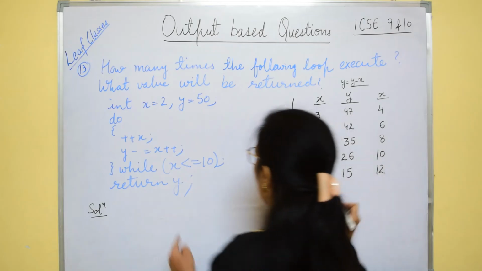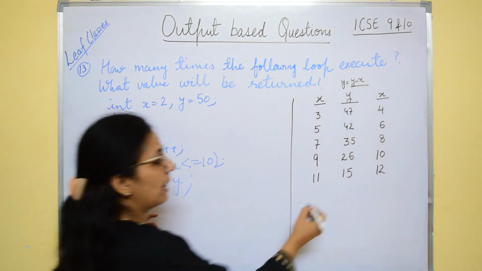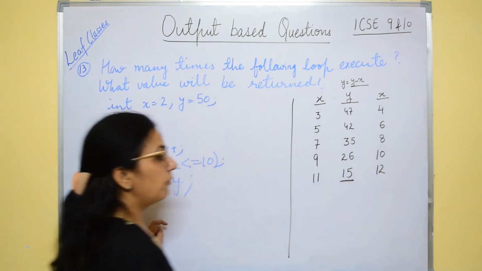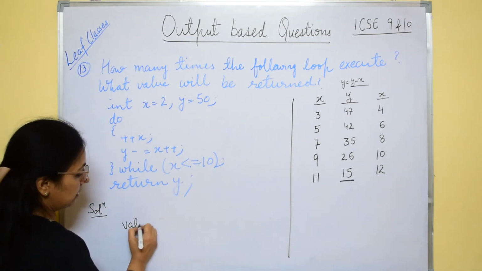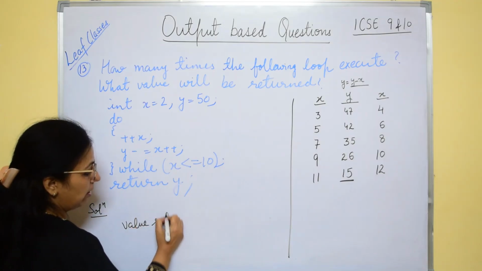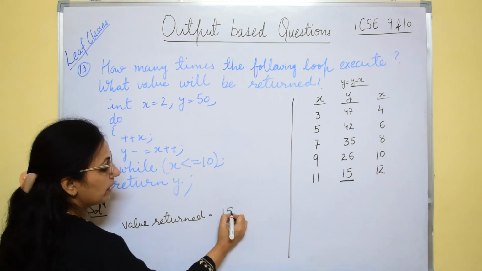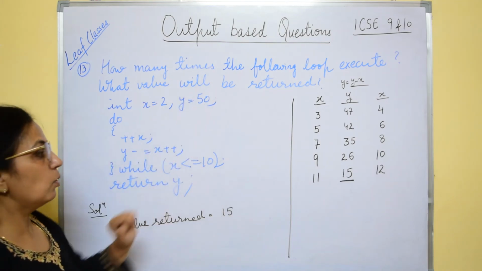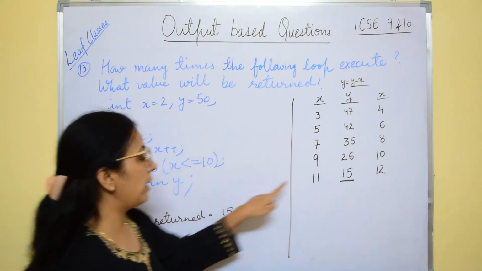Now after it comes out of the loop, return y. What is the value of y? That is 15. So the value returned is 15, and how many times will the loop be executed? 1, 2, 3, 4, 5.